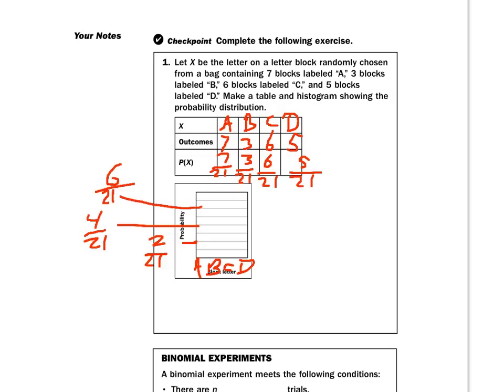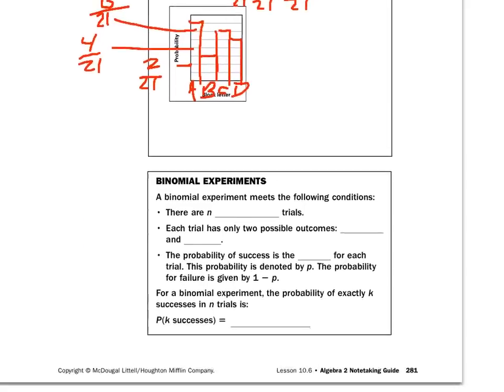You guys can probably write in there a little better than I can with these giant markers. So the A was all the way up here at 7. The B was at 3. The C was all the way up here at 6. And the D was at 5. Alright. Hopefully you guys had something that looked like that. If not, go back, try it again. Put some more time into it.